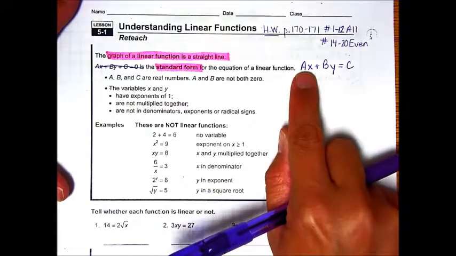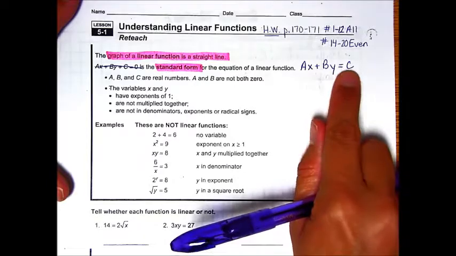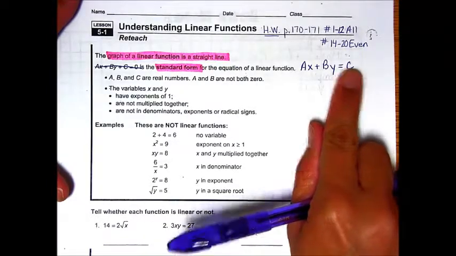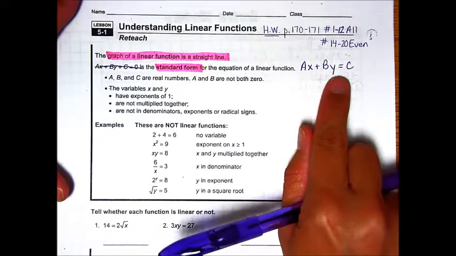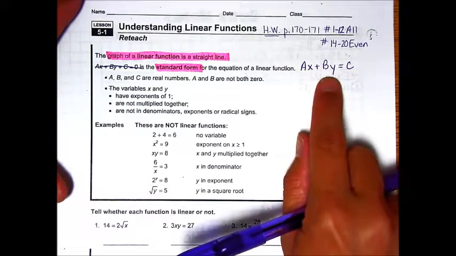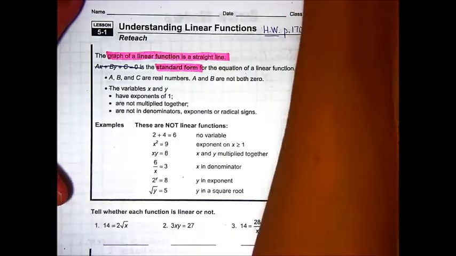So this might say something like 3x plus 5y equals c, right? And c would just be a constant that doesn't have an x or a y after it. So this is what is considered standard form. A lot of the equations in this homework assignment are going to be written in standard form, and we're going to look at what to do with those later in order to make sure we can graph them.